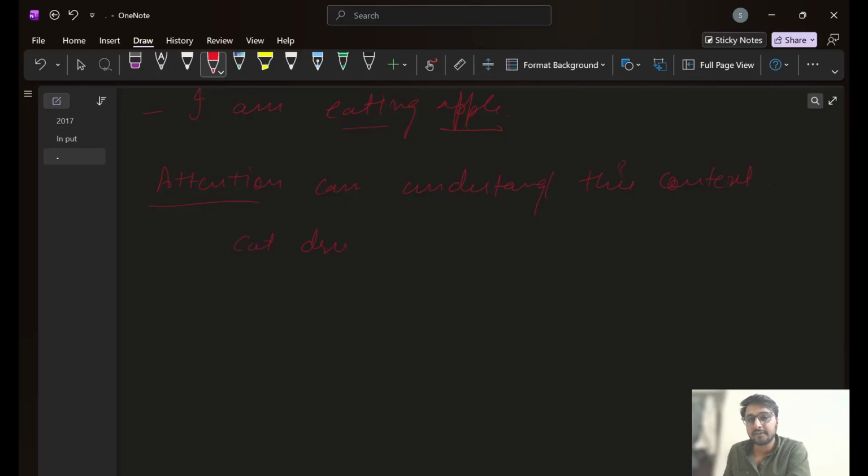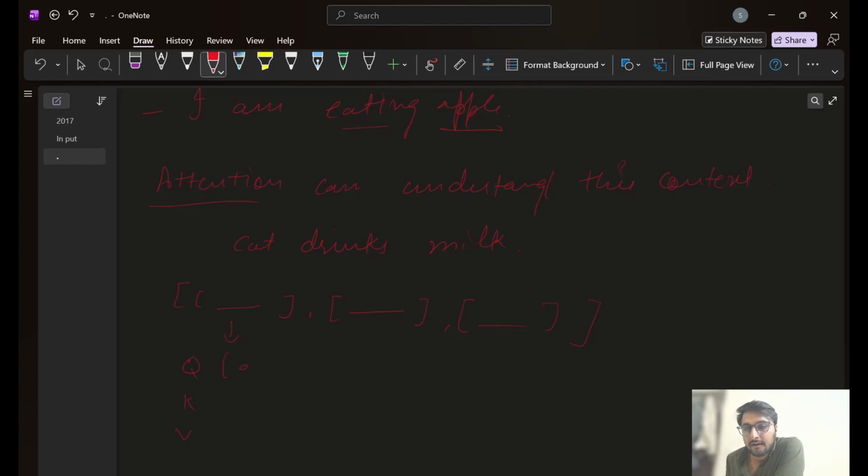"Cat drinks milk." We have a vector that represents each word. Now how do we apply attention? We can create three vectors: query, key, value.